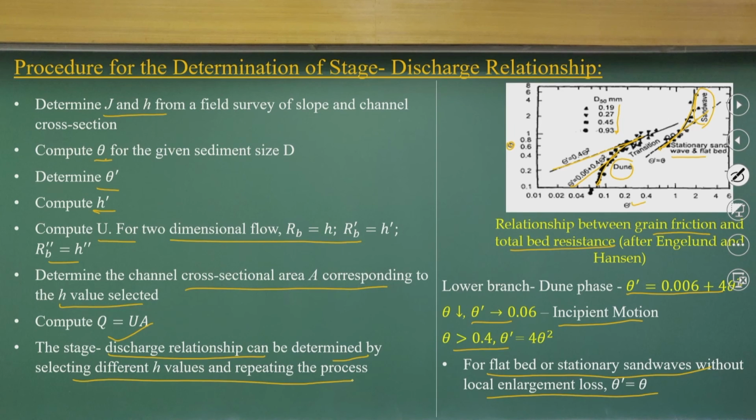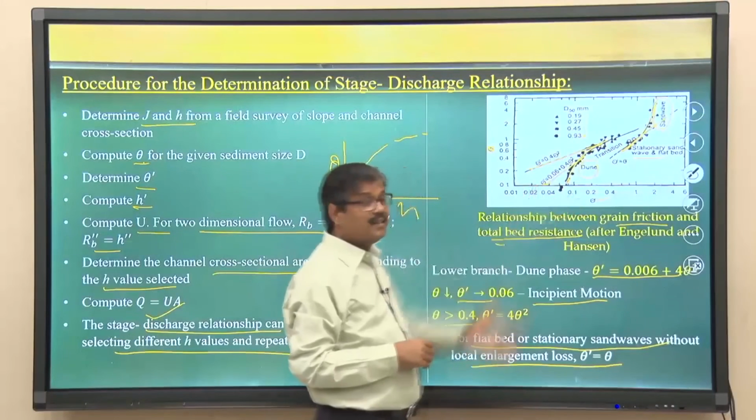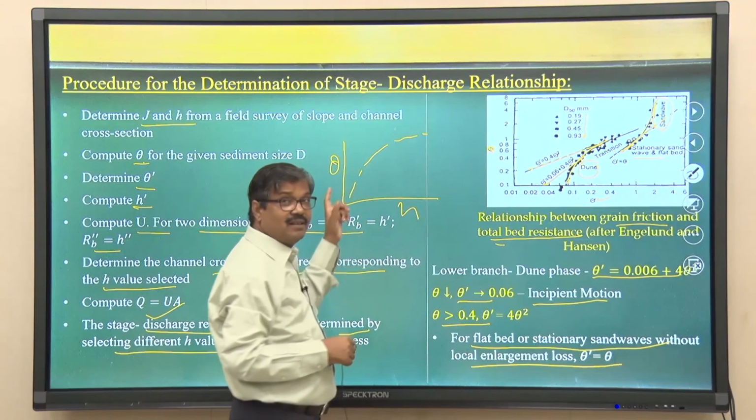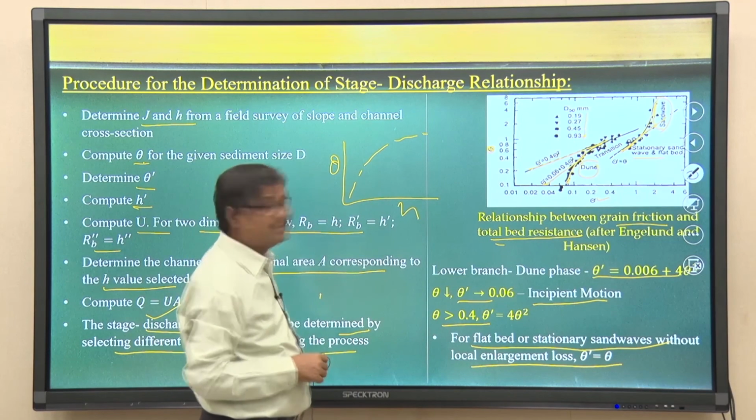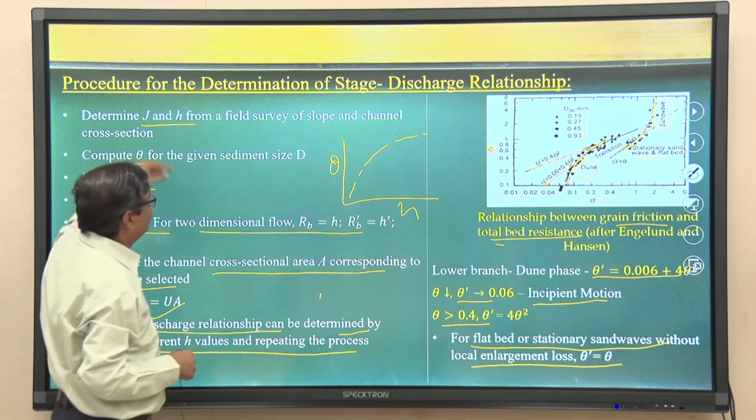So that is how we can develop a rating curve, H versus Q, which takes care of the bed form resistance and establishes the relationship. Theoretically, using the bed form resistance and the grain resistance, we can establish the rating curves, the stage discharge relationship. That is what we are doing mathematically here.